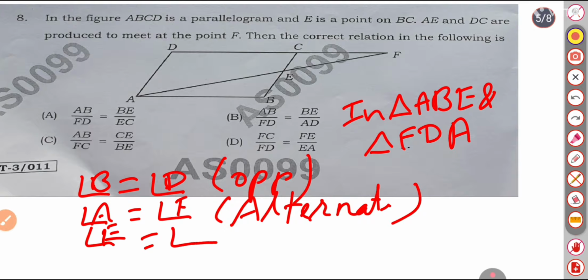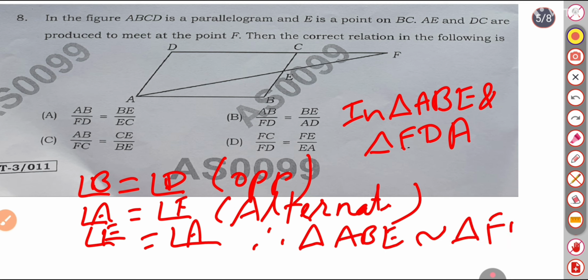These two also will be equal. Angle E is equal to angle A of the big triangle. So what relation can we write? The ratios. Therefore, triangle ABE is similar to triangle FDA.